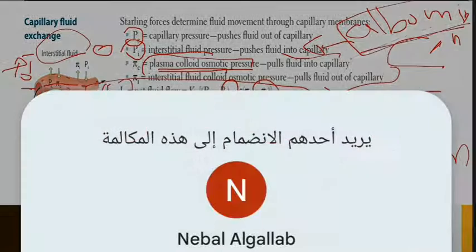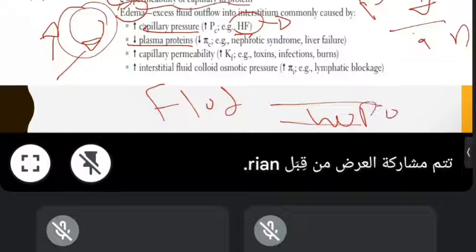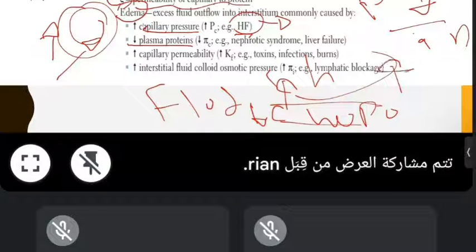If the albumin or protein concentration is decreased, the concentration in the capillary decreases, so the fluid will go from low concentration, which is in the capillary, because you have hypoalbuminemia, to the high concentration. Thus, you will have edema, more fluid in the interstitium space.